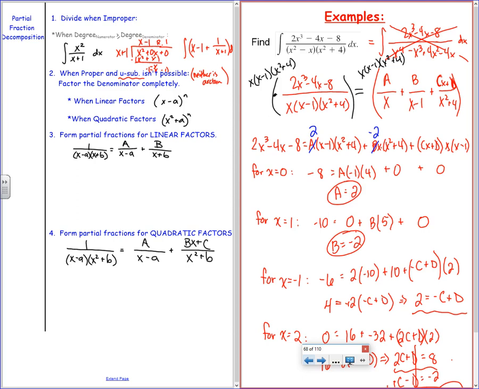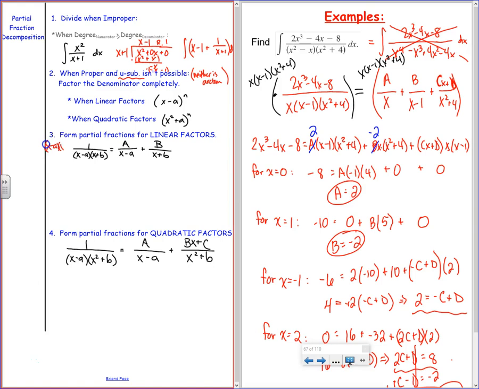And here's the shortcut. You ready? Here's the shortcut. If I want to get partial fractions, for linear factors, to do it the long way, you would multiply both sides by the common denominator, true?